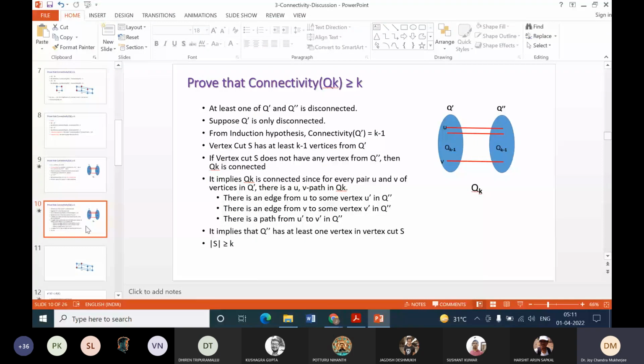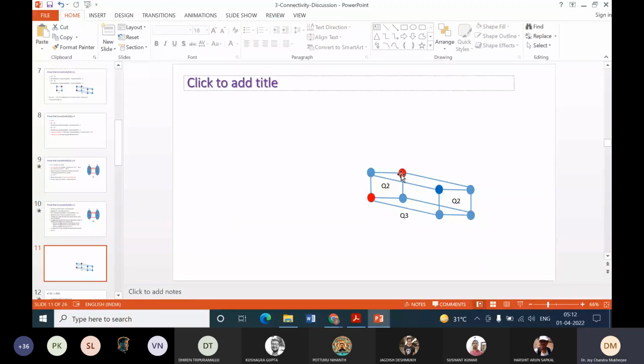For Q3 I am explaining that suppose AC is a vertex cut for Q3, and we have said that it also acts as a vertex cut for this Q prime. So this is Q prime and this is my Q double prime.